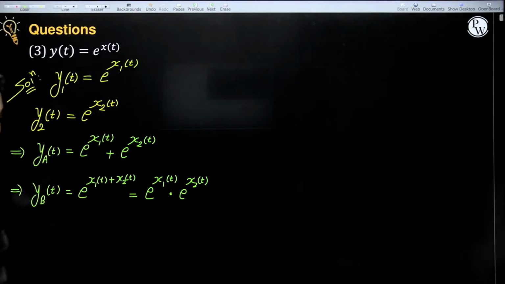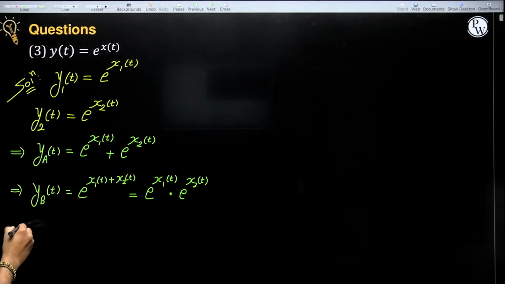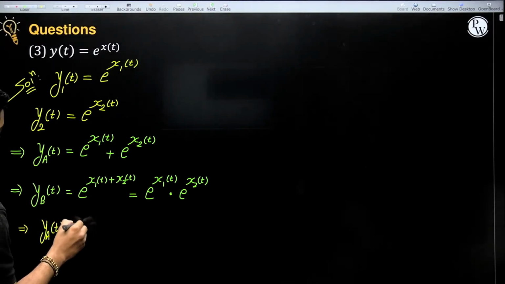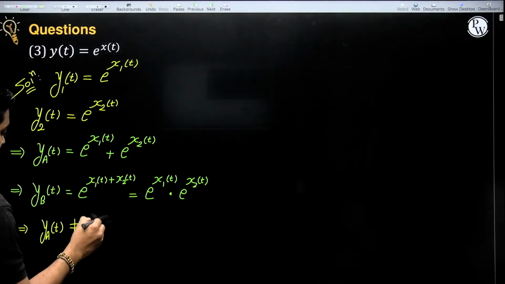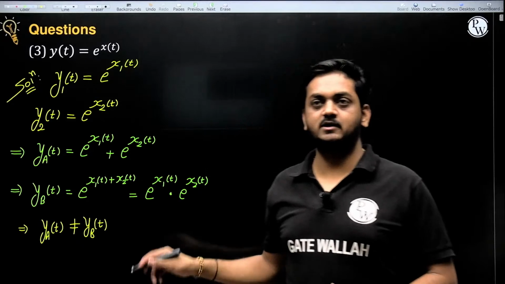Again, you can see here ya is not equal to yb, not satisfying the superposition. Now let us check the homogeneity theorem also. From here also directly you can say system is non-linear.